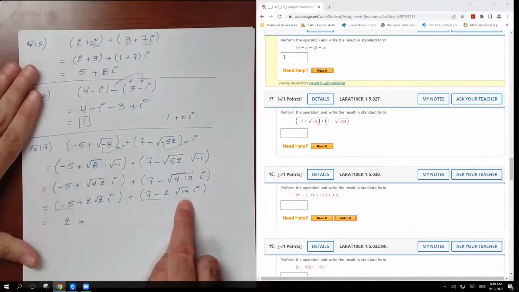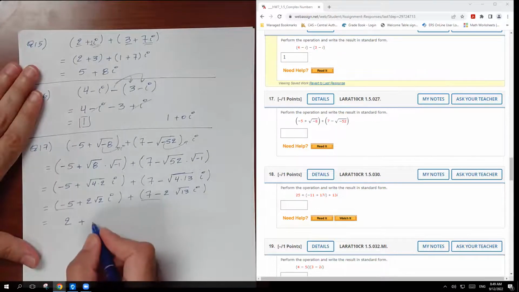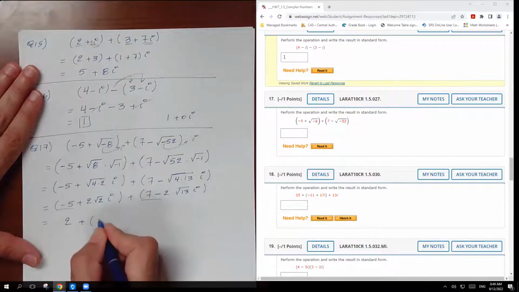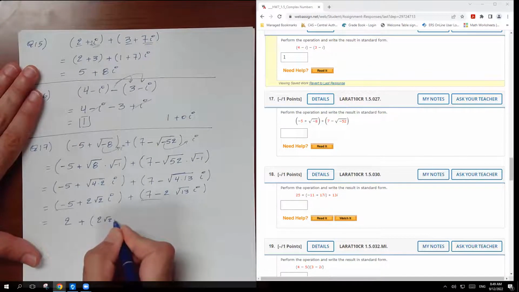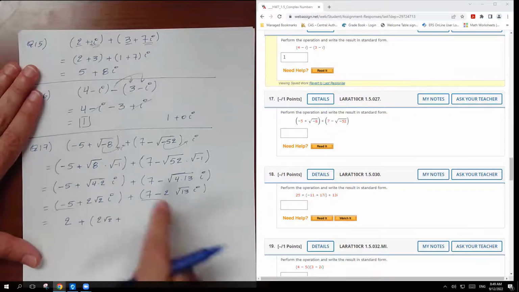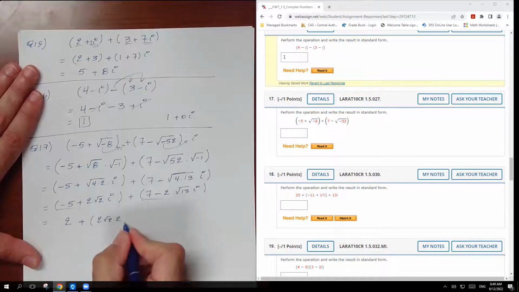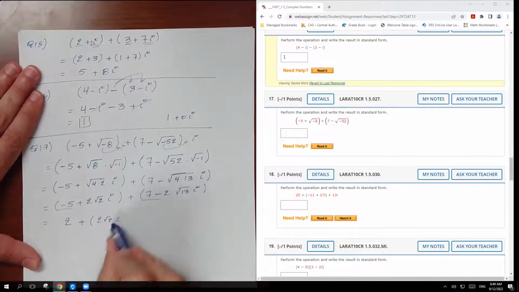So what we're going to do, we're going to say this is a plus. I'm just going to add these two numbers with the sign, like 2 square root of 2, a plus or minus 2 square root of 13.